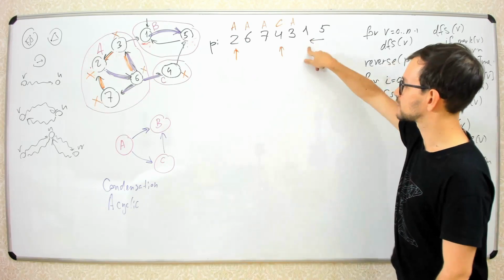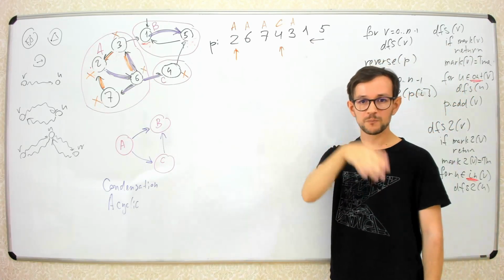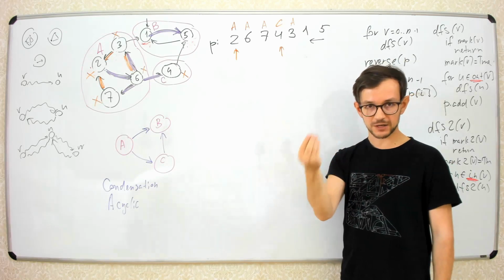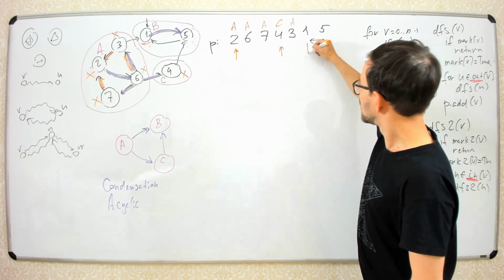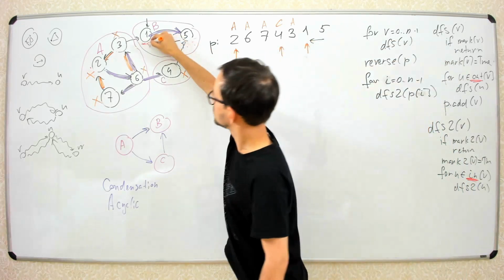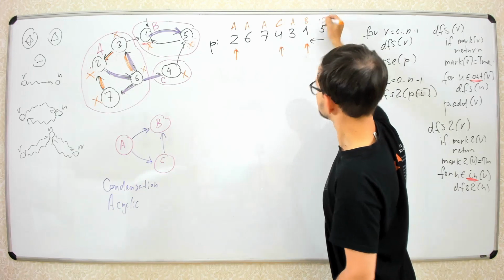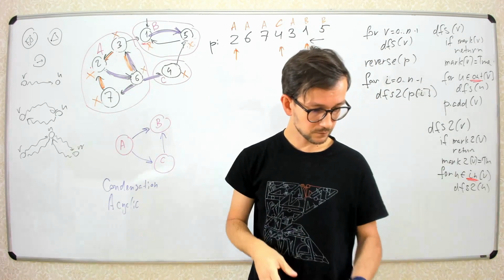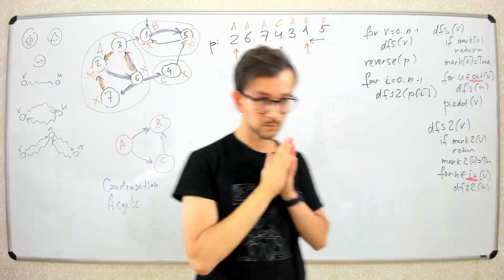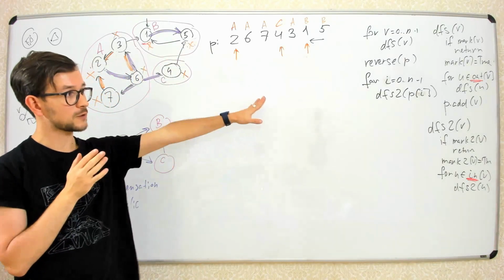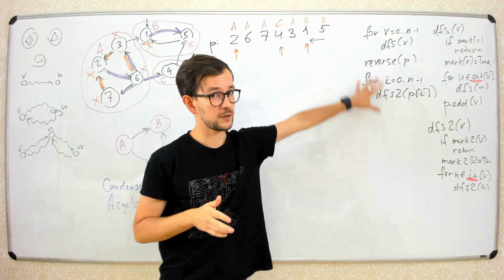So we take the leftmost node which doesn't belong to any strongly connected component we found before, and run this second depth first search from this node. And it will mark these 2 nodes. So these 2 nodes will complete. That's all. That's the whole algorithm. That's the whole code basically.